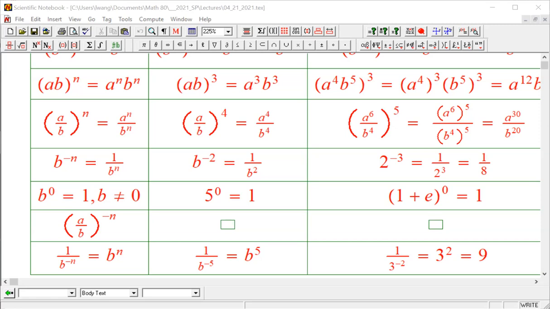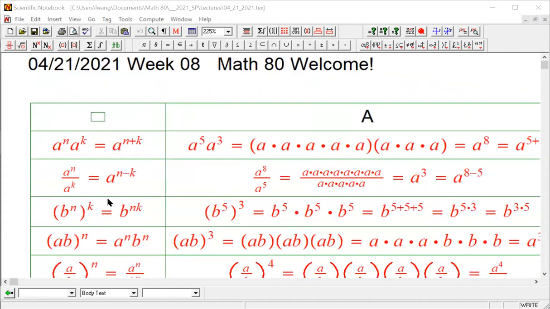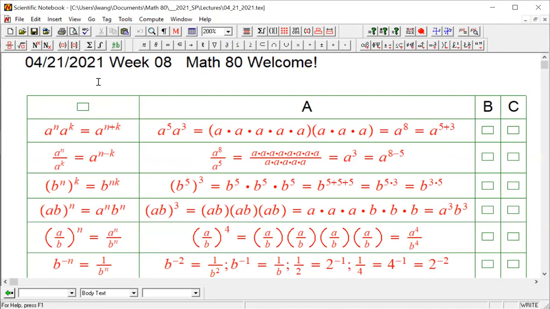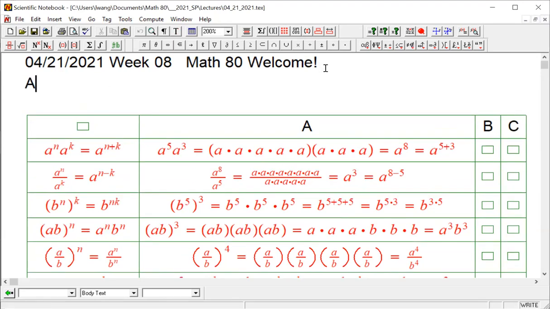If you want more exercise, you can do alpha 34B, but we're not going to do that in class, at least not for now. Let's look at alpha 35A. So now I'm going to reduce the fonts.